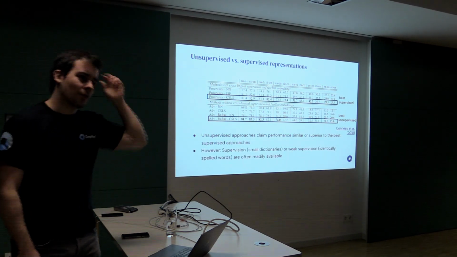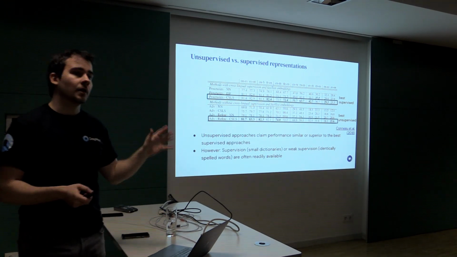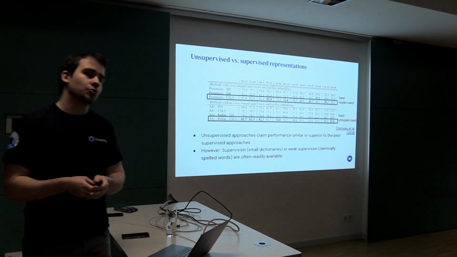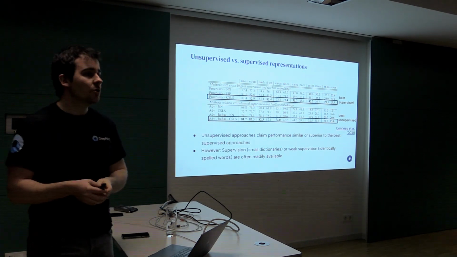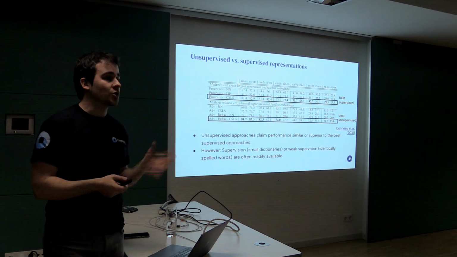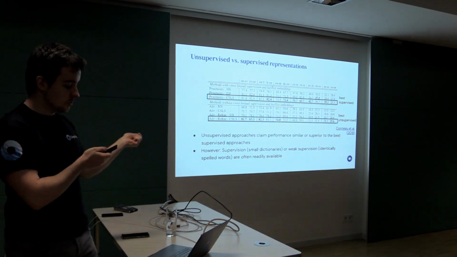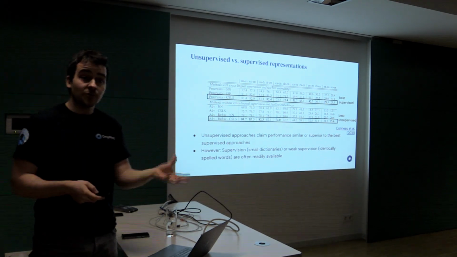Another important point why this is relevant to talk about is that here, in contrast to most typical settings for machine learning, it's actually fairly easy to get enough supervision to train these supervised models. As I mentioned before, we can train these supervised models with as little as 25 translation pairs.